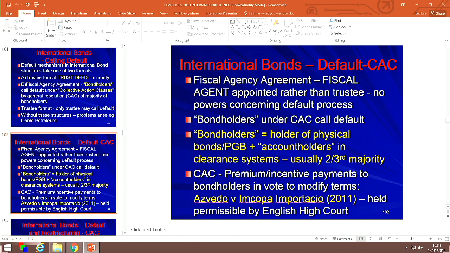A bondholder is always defined to mean the holder of the physical bond, meaning the permanent global bond, and account holders in the clearance systems. They are the only entities which can call a default. And usually the standard level of CAC majority voting is there must be a 2/3 majority of all bonds outstanding in order for the calling of default.